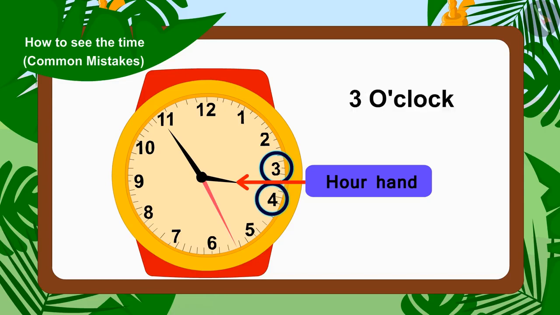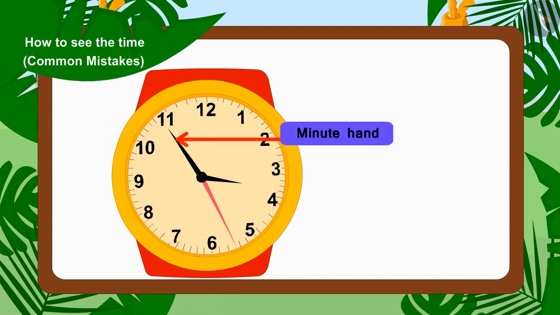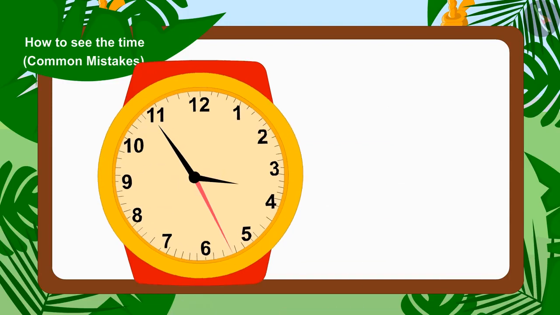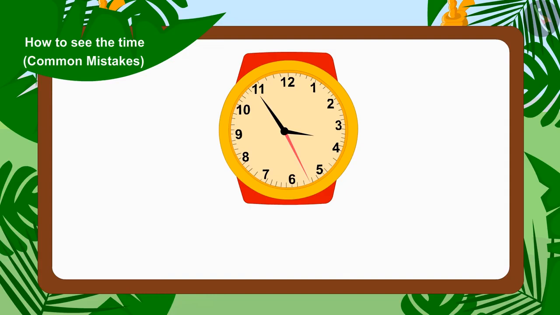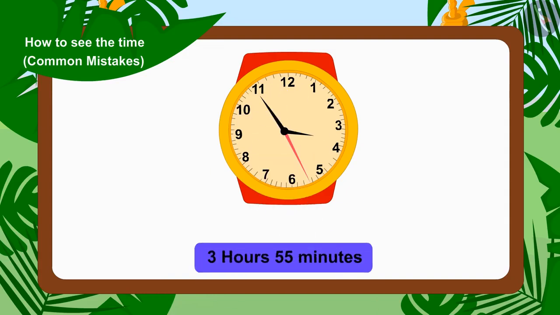So it was past 3 o'clock. And the minute needle is on number 11. So 11 times 5 is 55 minutes. In this way, the time in the watch is 3 hours 55 minutes.